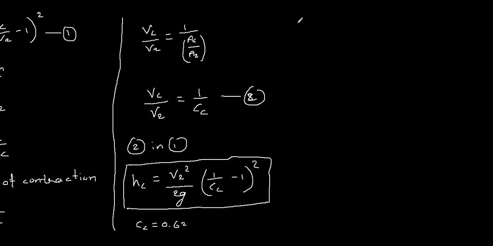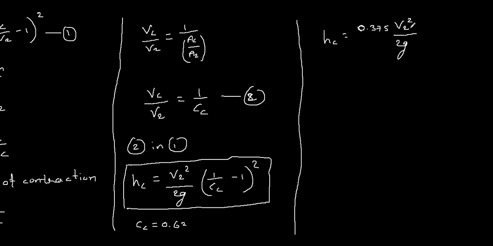When you substitute that 0.62 in the equation, we'll get the Hc formula as Hc is equal to 0.375 into V2 square by 2g. We can use this equation directly rather than the earlier one, because the standard value of Cc is 0.62.